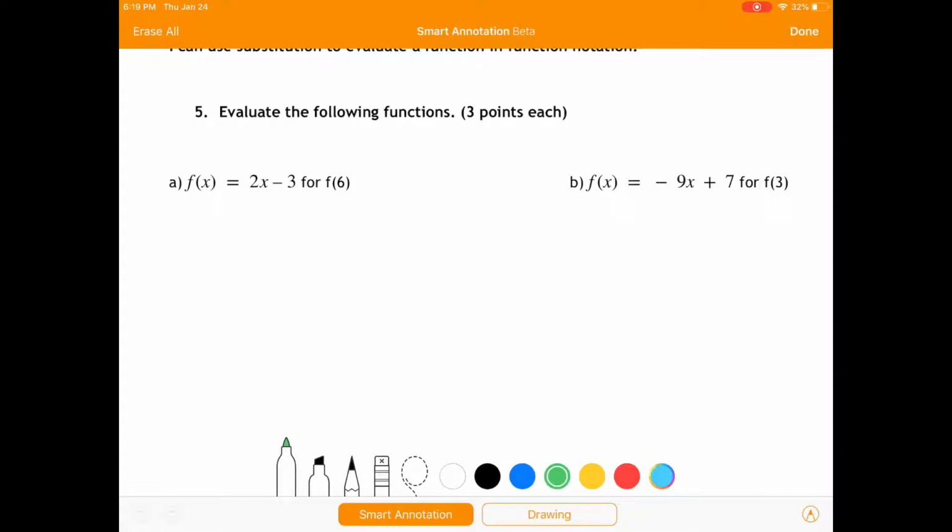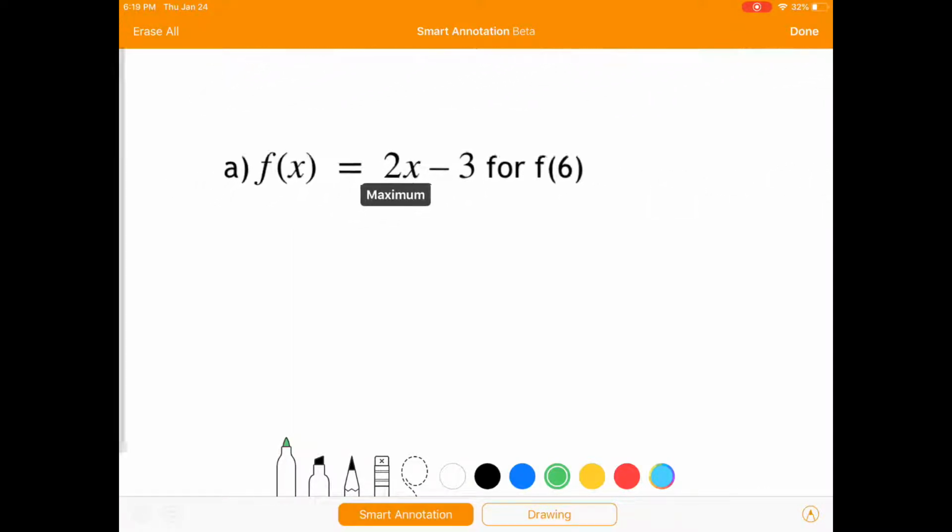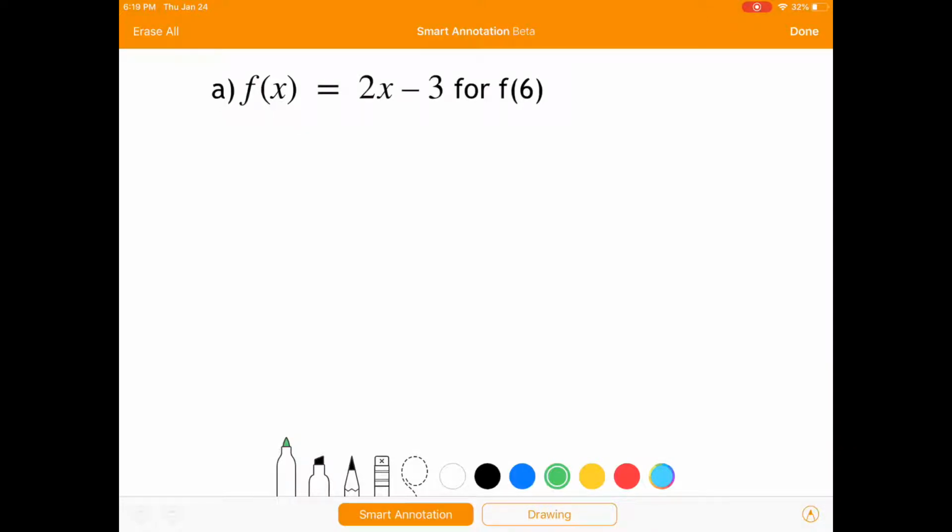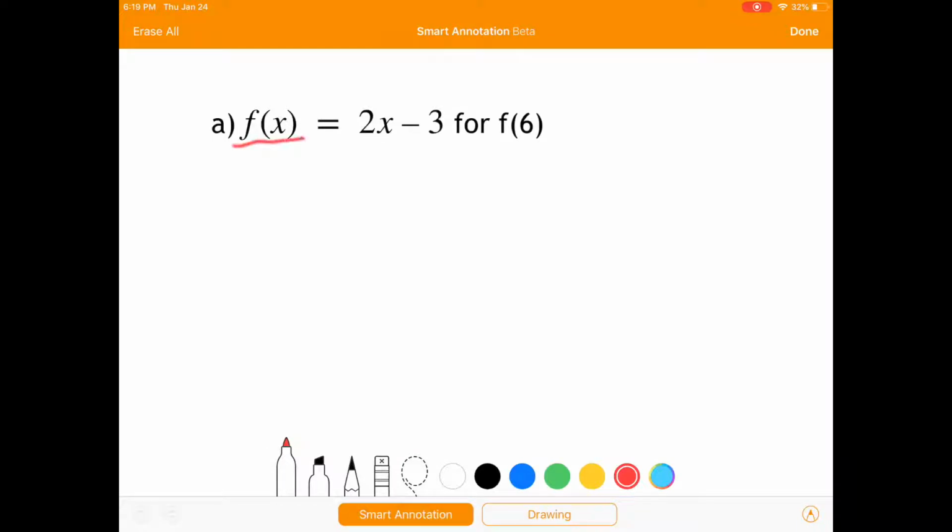So number 5 is evaluate the following functions. When I say evaluate the following functions, that means solve. Now, this notation right here is f of x, and that's what you call it. f of x just means that you've got y equals 2x minus 3.